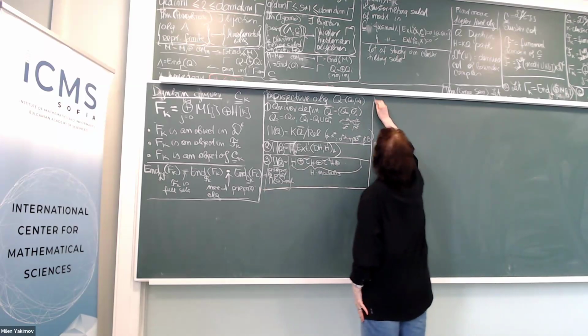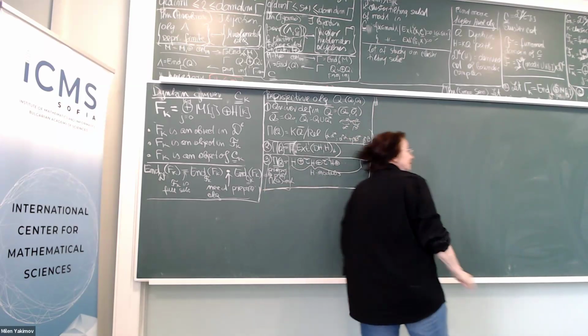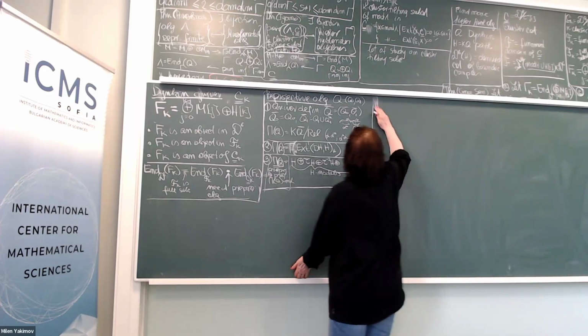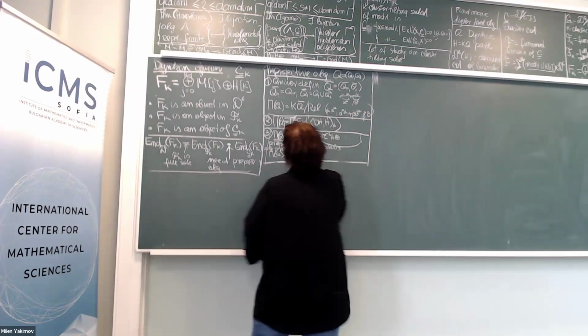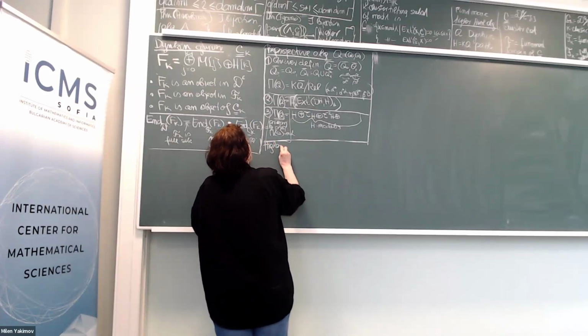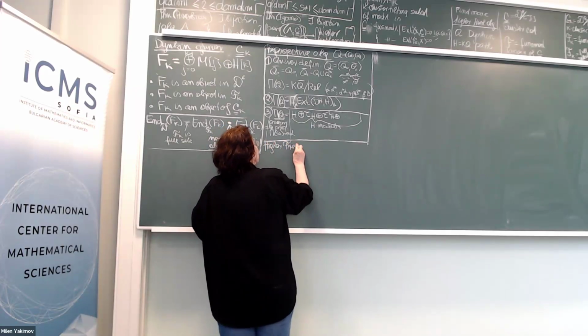Okay, then we have higher. I decided to put higher on the left side, on the right side. No, I decided to put it here. And now I want to talk about the higher preprojective algebras.